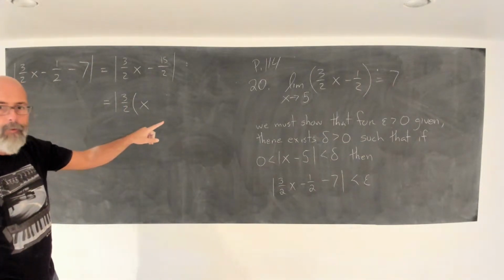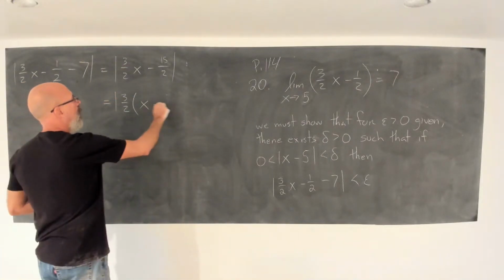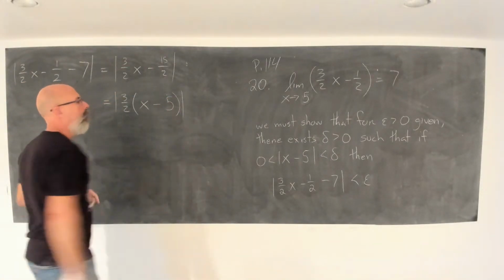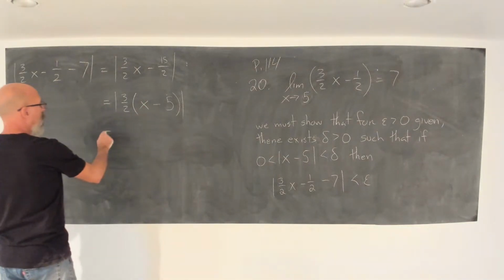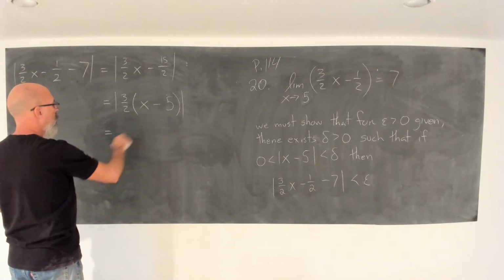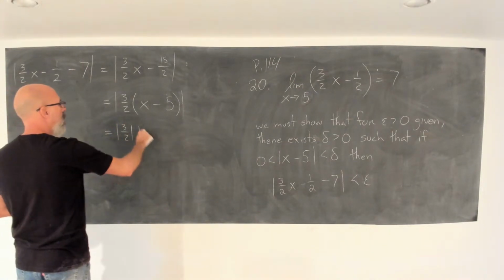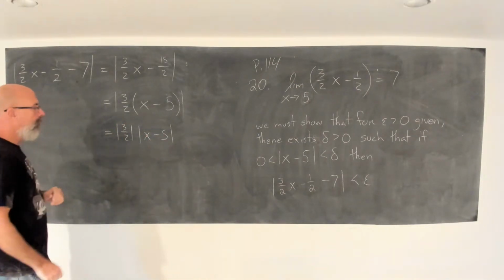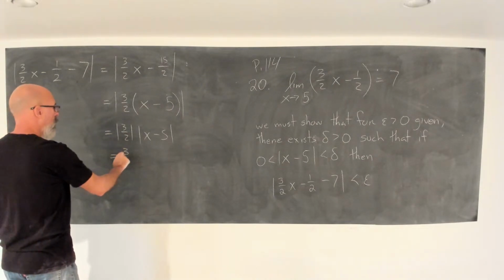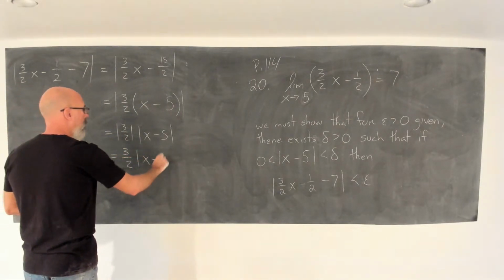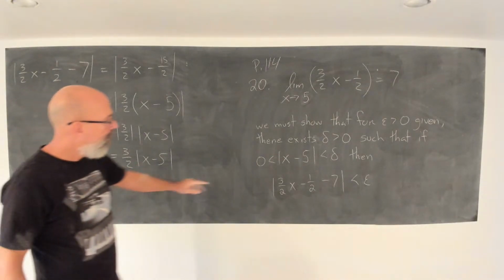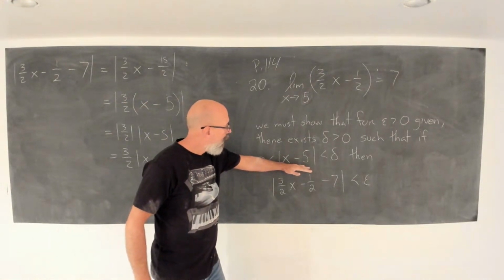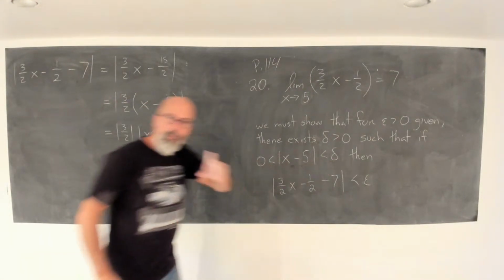Leaving us with x minus 5. Is that right? And again, the absolute value of a product is the product of the absolute values. Absolute value of 3 over 2 is 3 over 2. And now you see this x minus 5. This can be made very small.